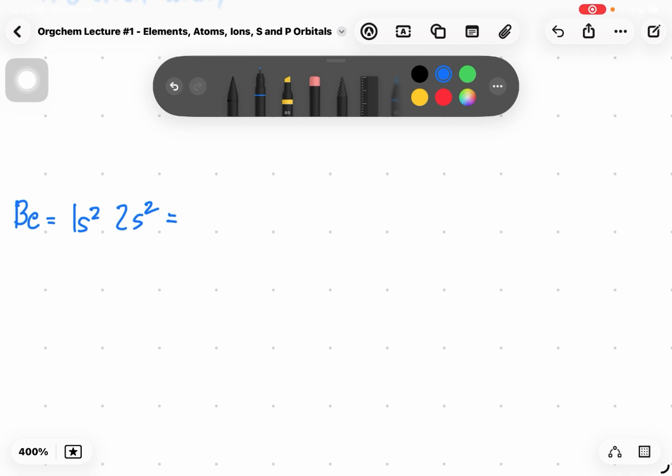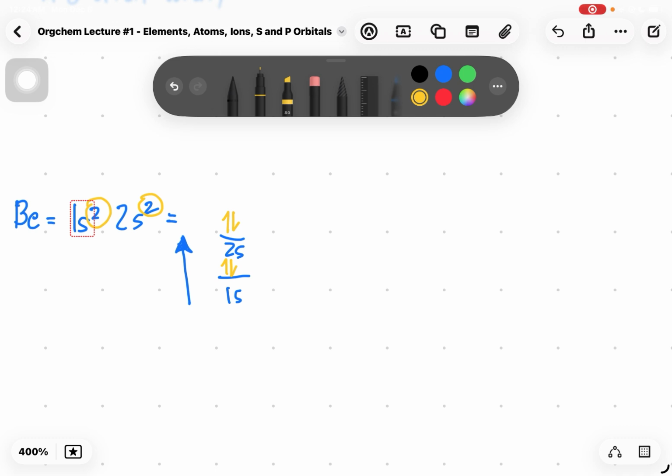You can basically write it like this: 1s, 2s. We write these in order of increasing energy. Now, since there's 2 electrons in the first orbital, we write it like that. There's also 2 electrons in the second orbital, so we're going to write it like this.